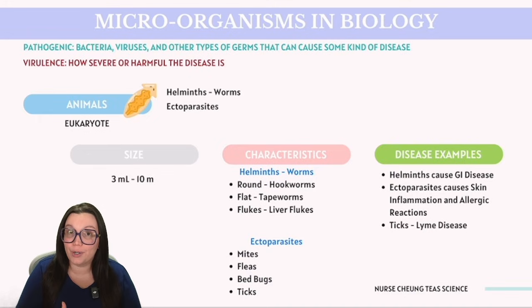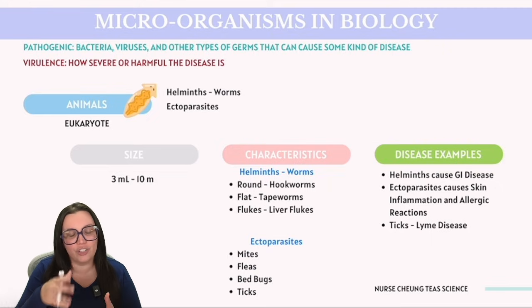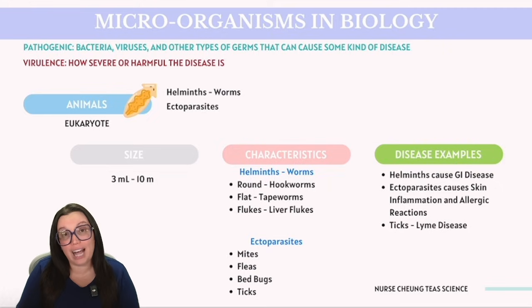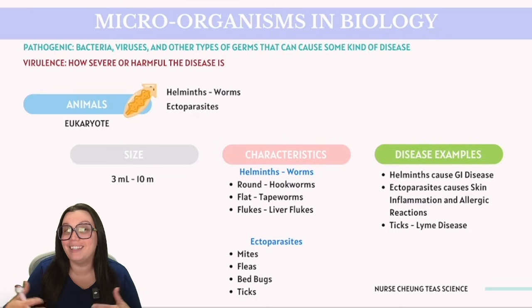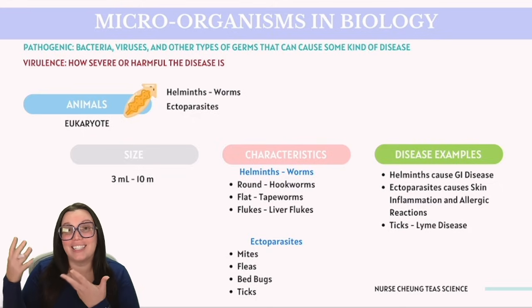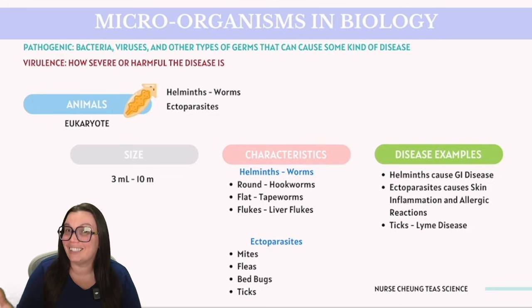They can be roundworms, flatworms, or flukes. Roundworms, such as hookworms, typically inhabit the gastrointestinal tract and have a circular cross-section. Flatworms, like tapeworms, are often very long and have a ribbon-like shape. Flukes, such as liver flukes, are typically leaf-shaped.